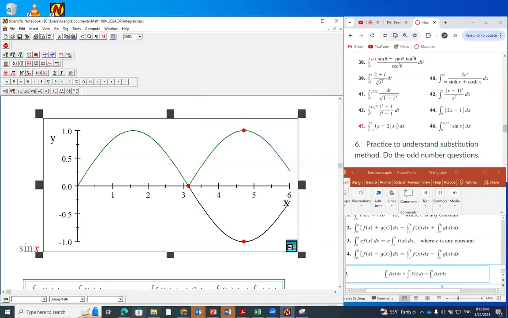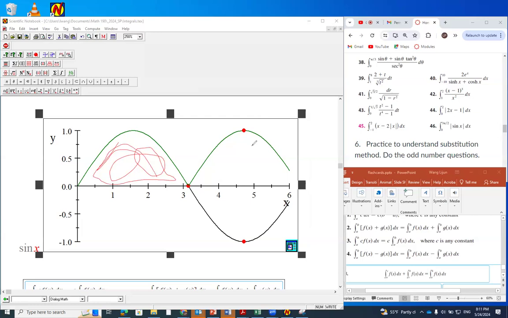So the area that we are looking for is, of course, all of these. This area underneath the curve, and this piece, 3 pi over 2, and so that area is added.